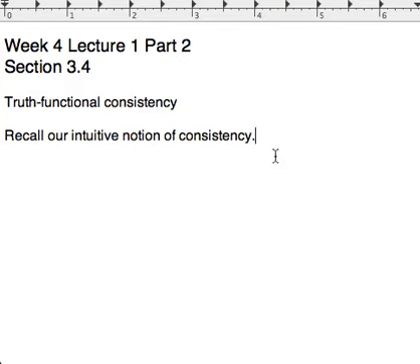And what we're going to do now is give a notion of consistency using our truth tables. So we're going to define the more intuitive one in a little bit more rigorous way by talking about truth functional consistency. Just before we do that, though, let me remind you of something that's pretty important in order to give our definition of truth functional consistency.